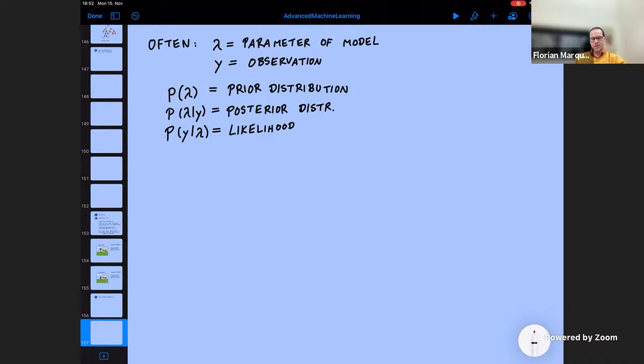As you can already guess right now, the most problematic aspect of the whole thing is the prior distribution. And you have to make up your mind about it, and we will say more about that later. But the rest follows almost mechanically. So the likelihood, you should be able to calculate the likelihood.